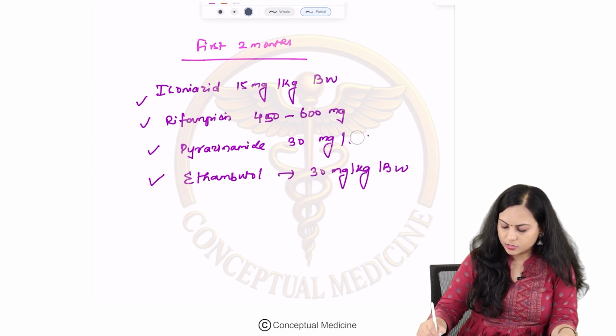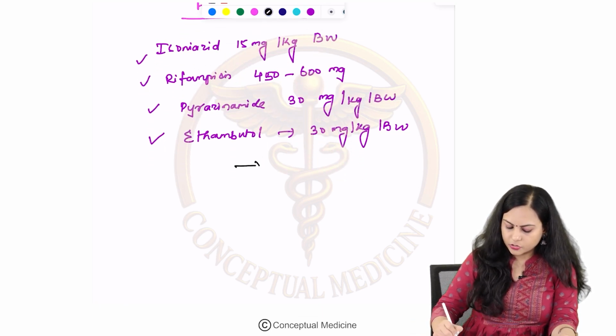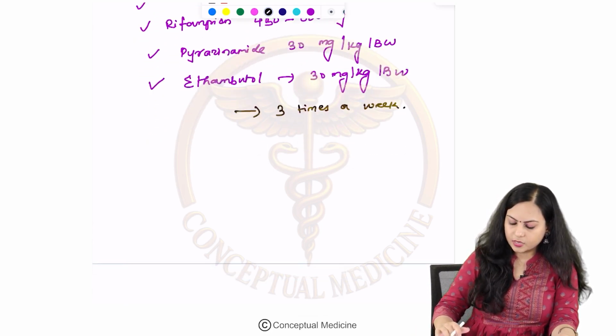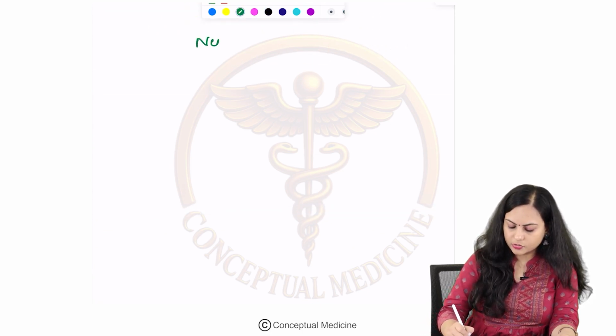So, this is per kilogram body weight. Okay. So, all these drugs should be given 3 times a week. Clear?